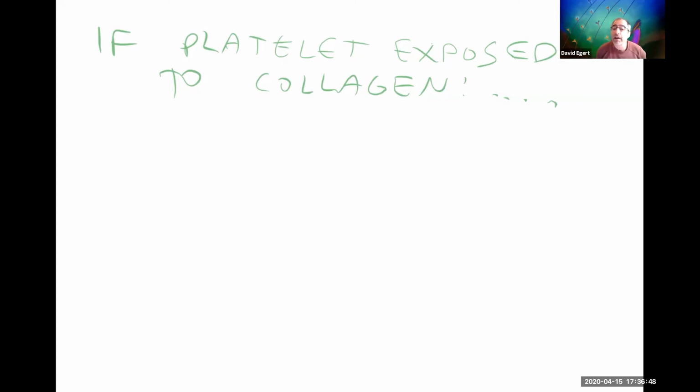So let's talk about the sequence of events that are all part of hemostasis. The first step, these platelets release, of all things, serotonin.